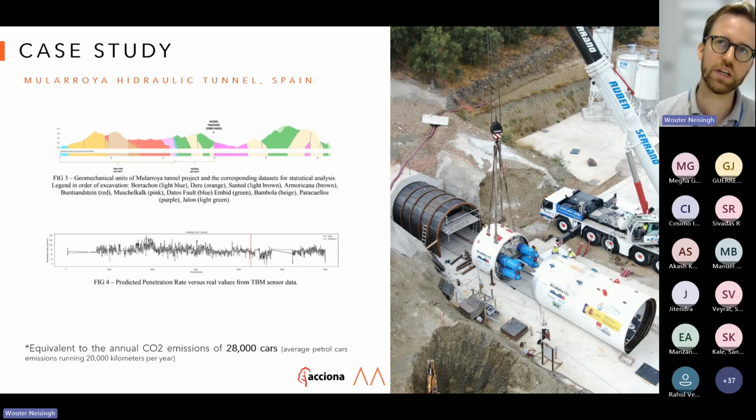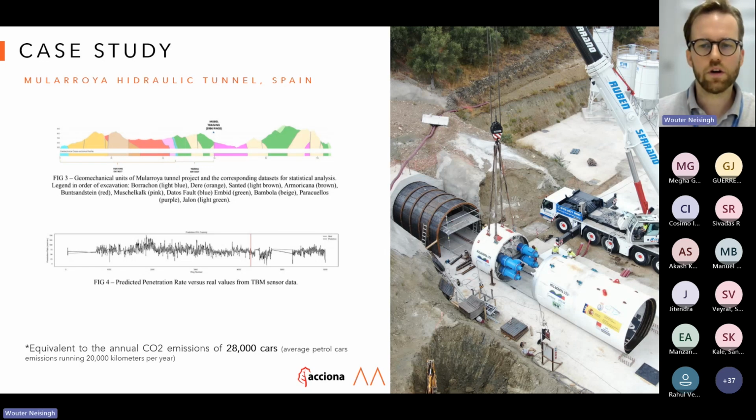The reason for the project was to transport water between 2 rivers. Now, from 2017, the scope was modified and the TBM was deployed. That was a Herrenknecht single shield TBM. And later, the Daarwin Gemini system was developed in collaboration with Acciona as they saw a need for it. And this project was used as a use case.